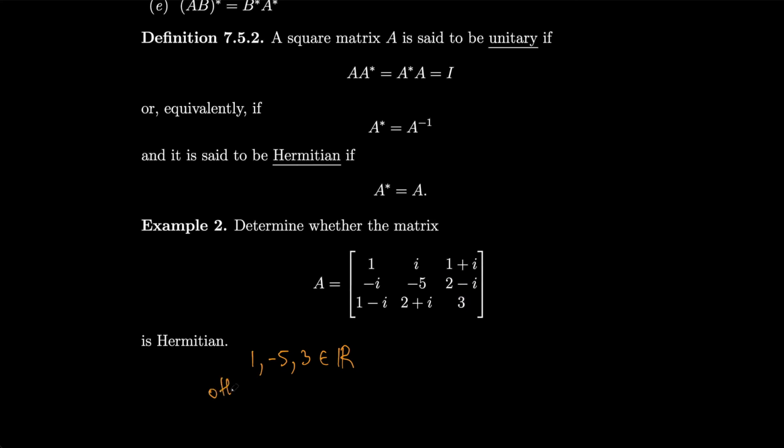So the other entries are conjugates. What that means is that when we take the conjugate, all of the entries in the middle will stay the same because they're real numbers. The others will change signs, but it doesn't matter because they're going to flip due to the transpose. So A is Hermitian. It will be equal to the same thing as if you take the conjugate transpose.